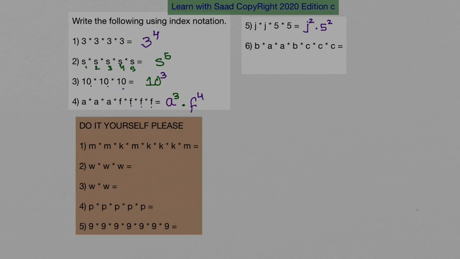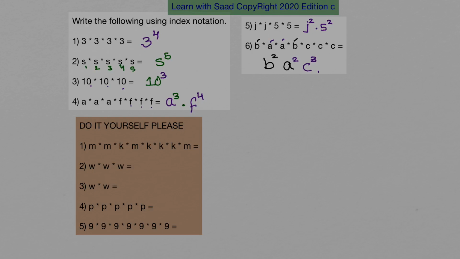You can start with any letter first. So let's start with B first. How many B's do we have? 1, 2, B square. And write the next one, A. We got 1, 2, A square. The third one is C. 1, 2, 3, C cube.